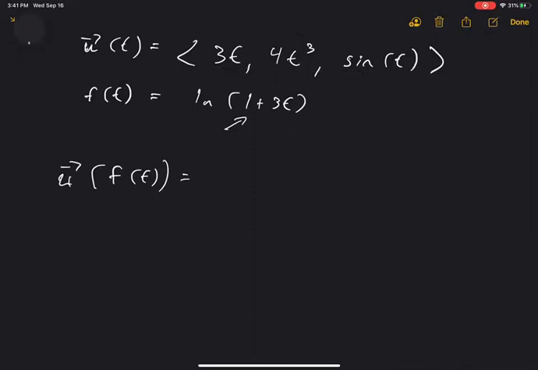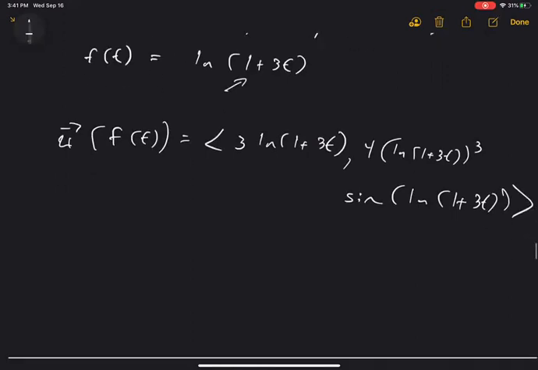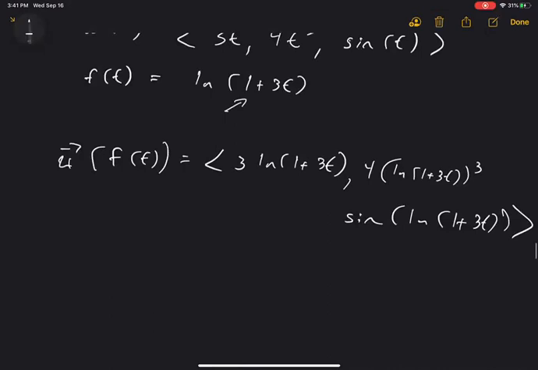So this composition would be 3 ln 1 plus 3t, 4 ln 1 plus 3t cubed, and then sine of ln 1 plus 3t. Now one way to compute this derivative is just to find this and then take its derivative.